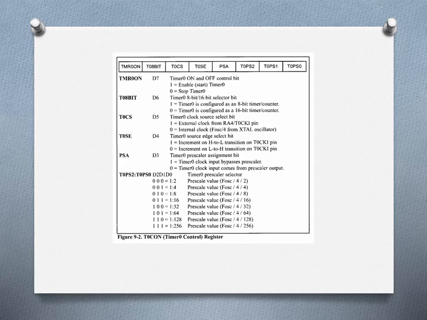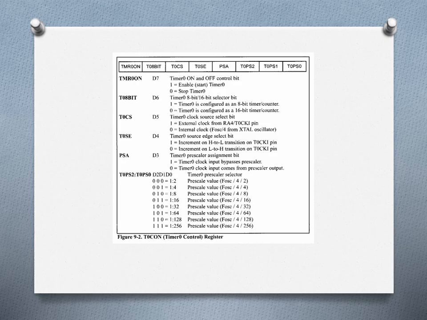If it is set to 1, every high to low transition will make the counter count up. Similarly, if this bit is set to 0, a low to high transition will make the counter count up. Another bit is the prescaler bit. If it is set to 1, there is no prescaler, meaning the prescaler is bypassed. If it is set to 0, there is prescaling.